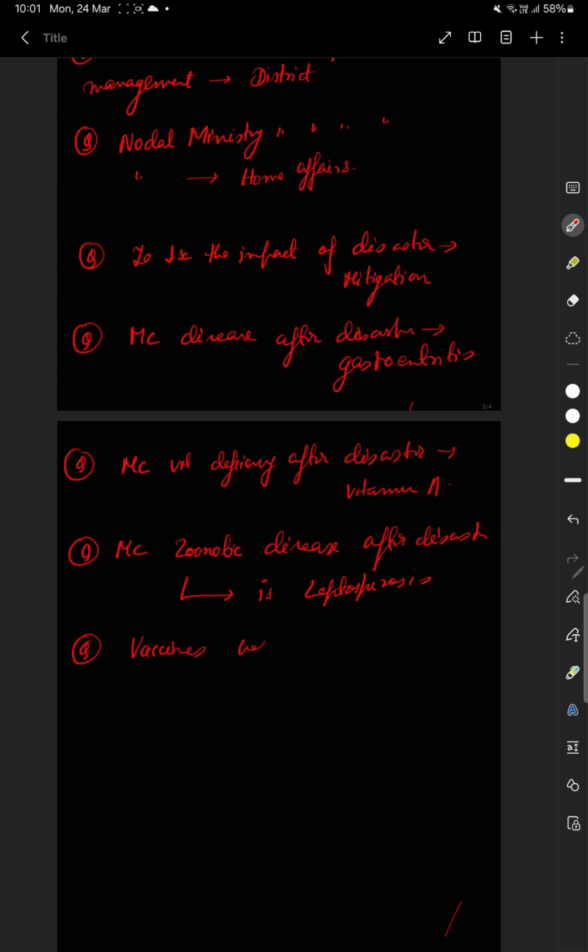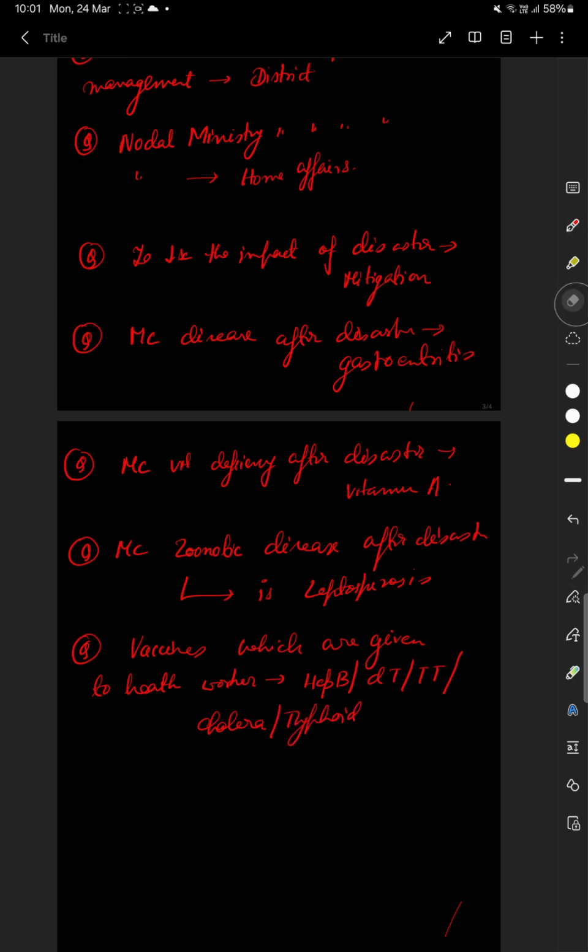Then the vaccines given to health workers are Hep B, TD, TT, cholera, typhoid. The only vaccine given in an outbreak is measles.